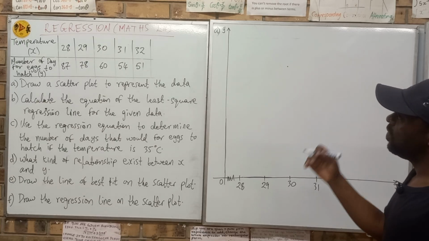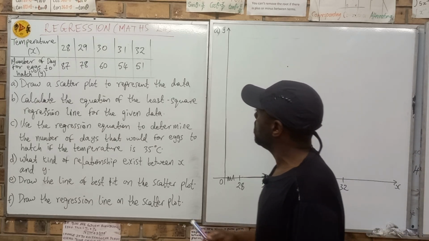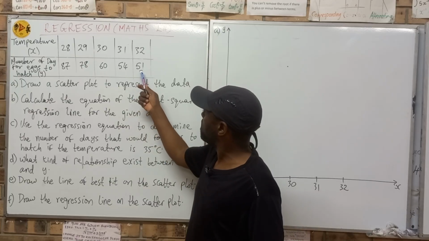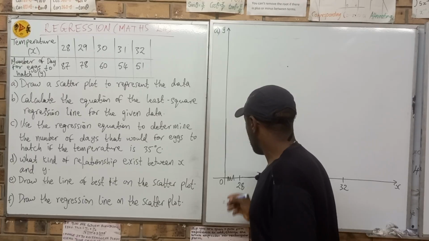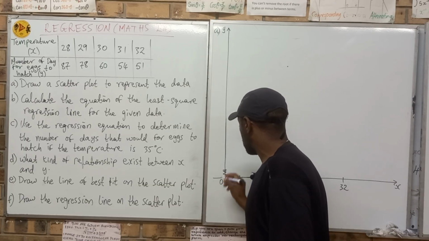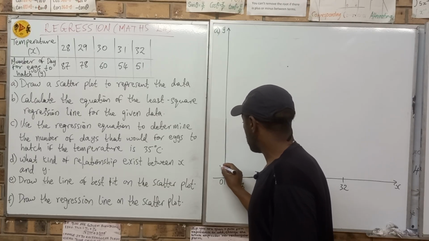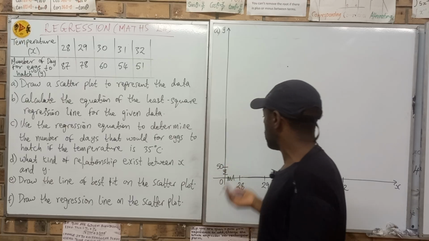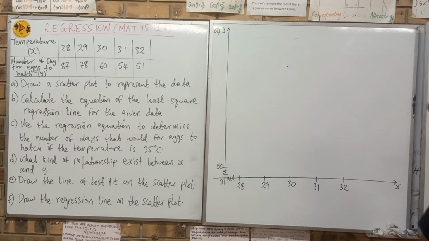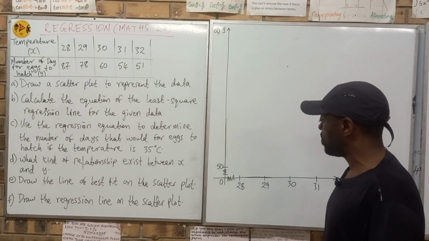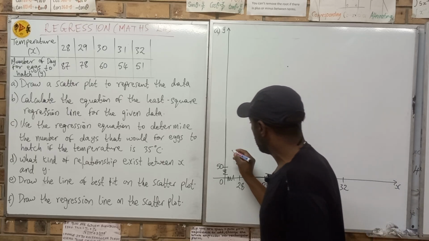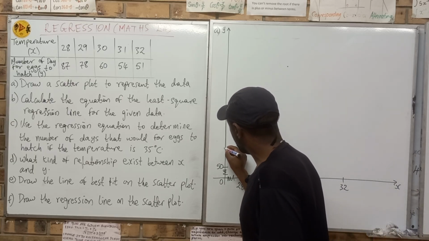Then if I go to the y values, the smallest value is 51, the largest is 87. So again, from 0 to 50, for example, I don't think I need those numbers because what will I be putting between 0 and 50? So I want to start from 50 and my biggest number is 87. I can make my scale this time to get an interval of 5 each.